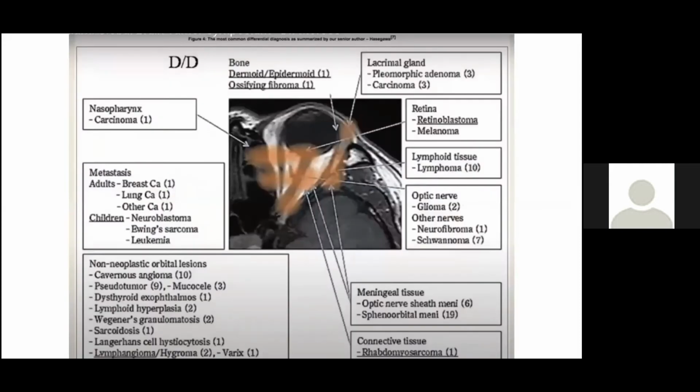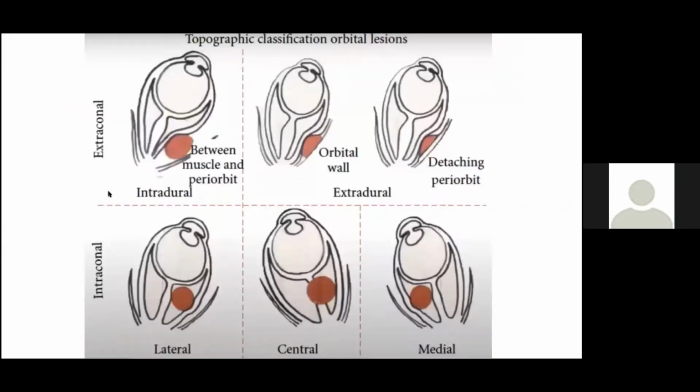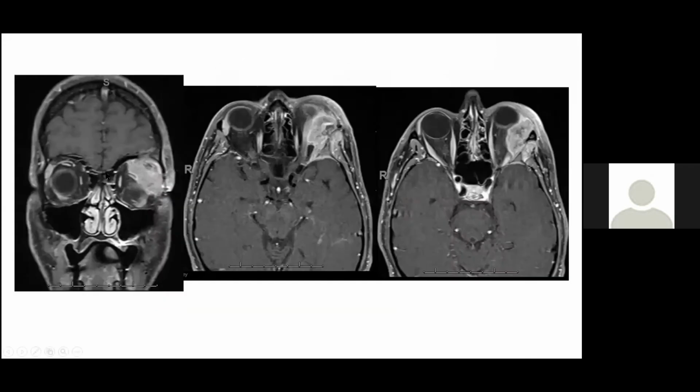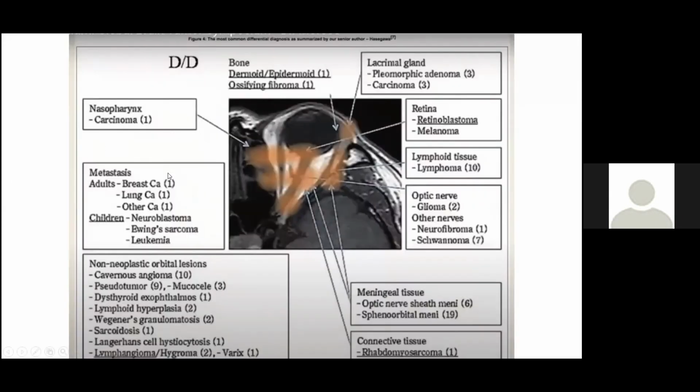And then here, this is a great figure that breaks down the differential diagnosis by location. So this is the area of where that lesion that we saw was. If you look at the normal lacrimal gland, it's symmetrically there. So things involving the lacrimal gland include pleomorphic adenoma, carcinoma, and lymphoma.